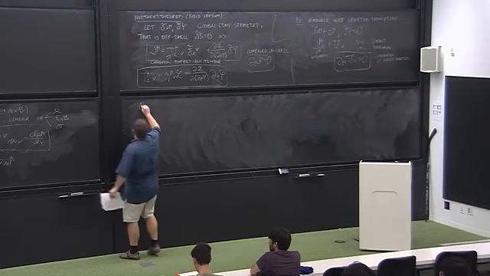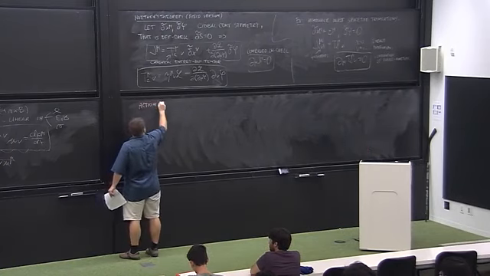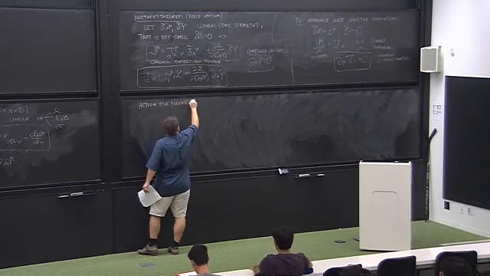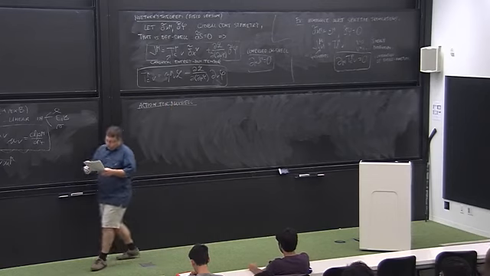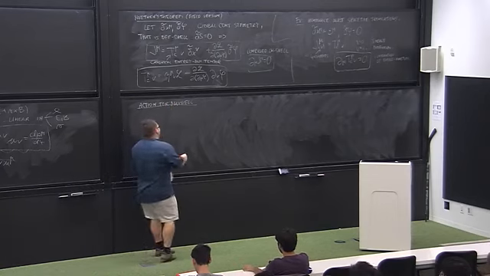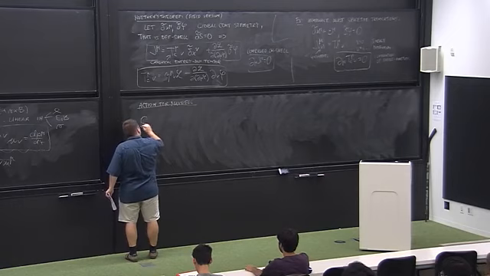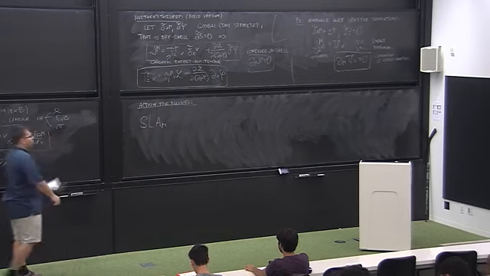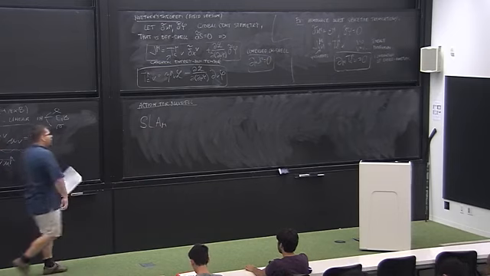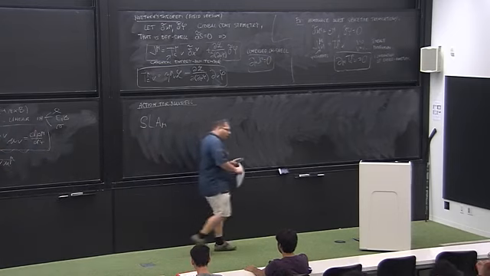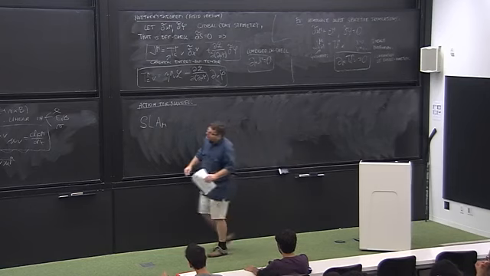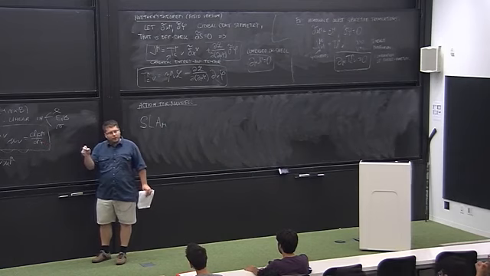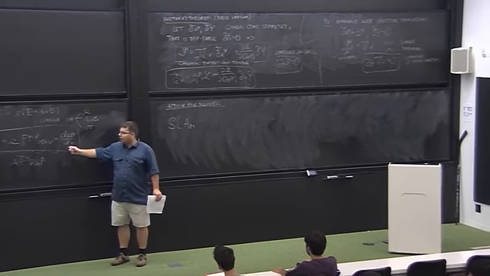So action for Maxwell, and there won't be any scalar field today. So your action will be a function of the vector potential, and in order to derive this Lorentz force law, let's just derive it for an electron. So I have a point particle, a massive point particle carrying charge e.